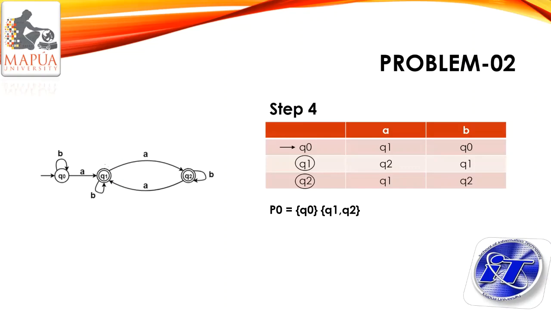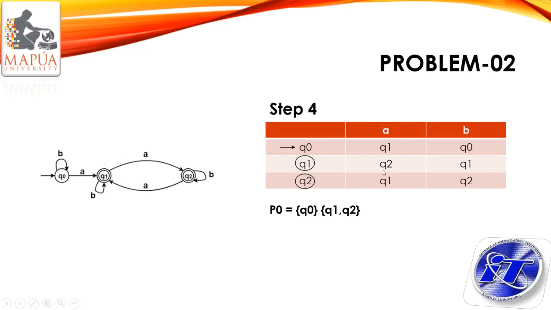Now, step 4, we're going to check if Q1 and Q2 have the same path. Q1, if it's A, will go to Q2, so it falls in the same group. If it's B, it will go to Q1, which is in this group.